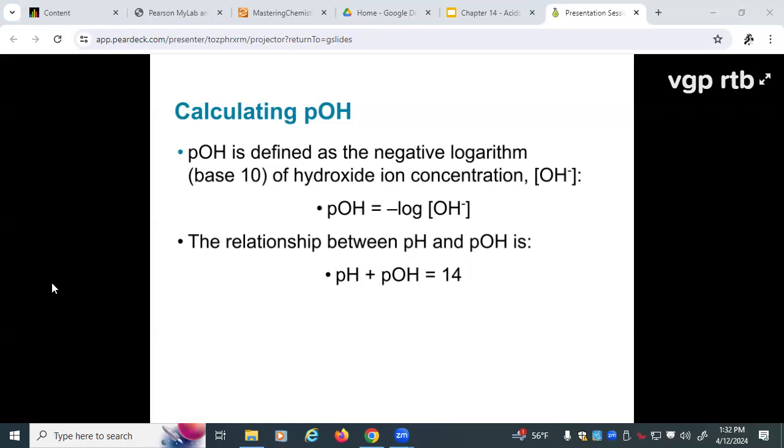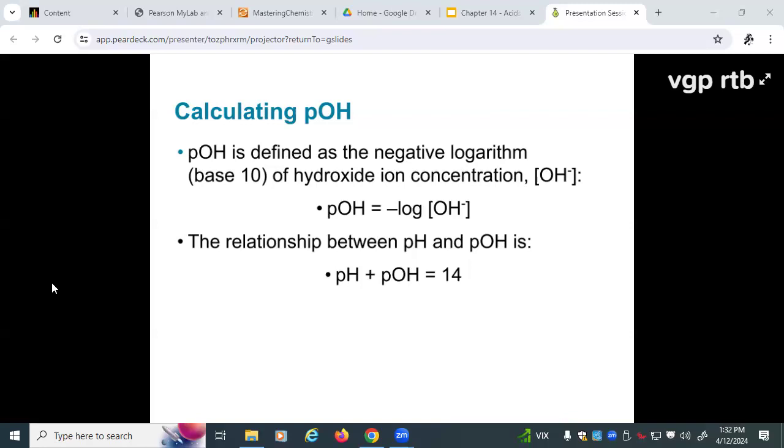So if we go back to those problems that we just did, we could have actually solved the middle problem without doing that calculation to find the hydronium concentration. What we could have done instead is use the hydroxide concentration to find pOH.